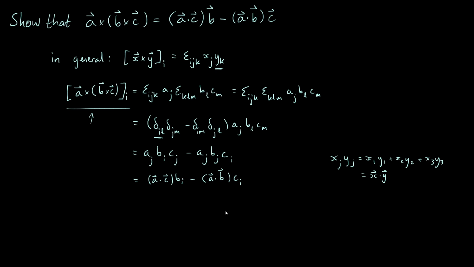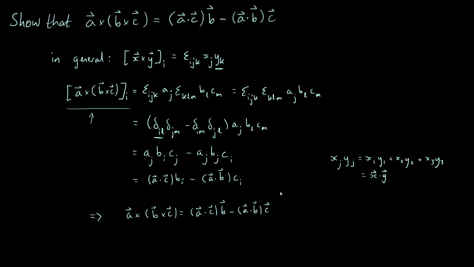Therefore, it's true as a vector identity as well. Because it's true for all three possible values of i, we can write down that A cross B cross C is equal to A dot C B minus A dot B C.